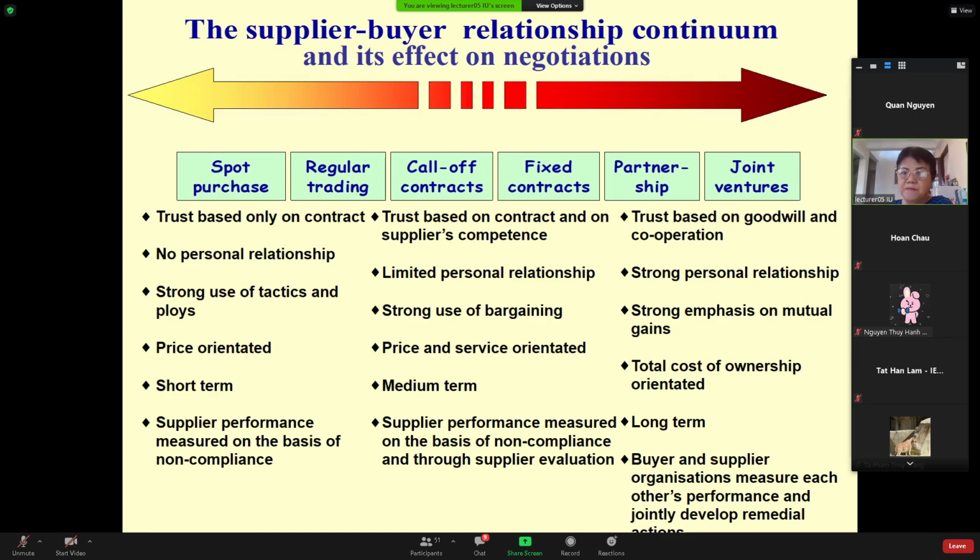You define here the important, okay? From the spot purchase, regular trading, call-up contract, fixed contract, partnership, and joint venture. So it depends on the relationship and how important the supplier is to your business.